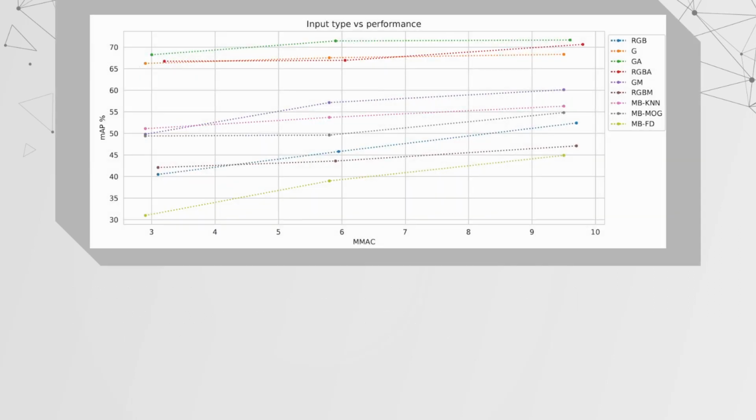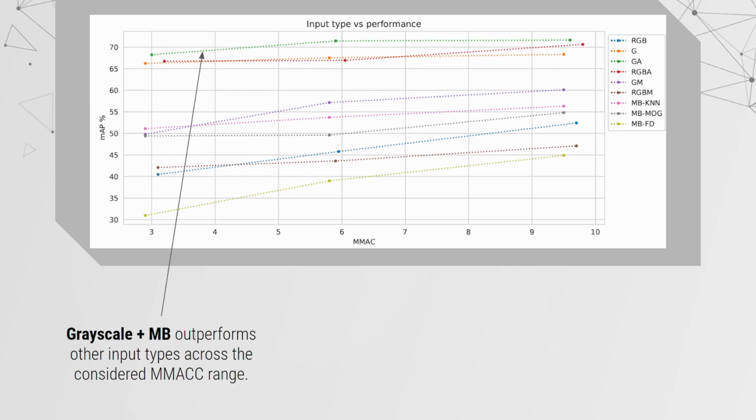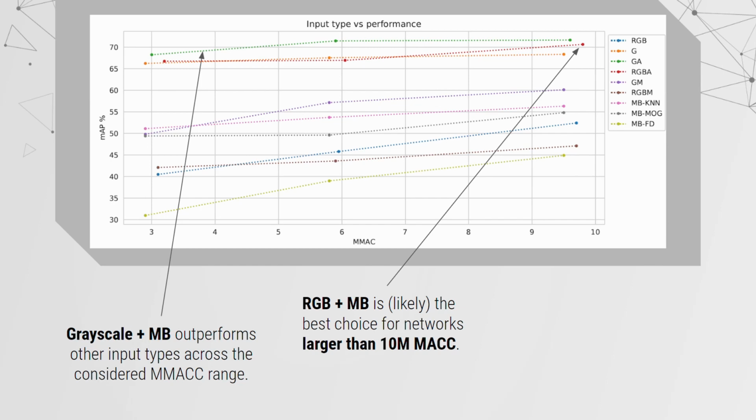This is a plot of the performance of the different networks, changing the input type and with different complexities. As we can see, again, the simple grayscale input compounded with the motion bitmap outperforms all the other input types in the considered complexity range. We can also see how, nearing the 10 million operations, the RGB compounded with the motion bitmap starts getting very close to the grayscale and motion bitmap input.